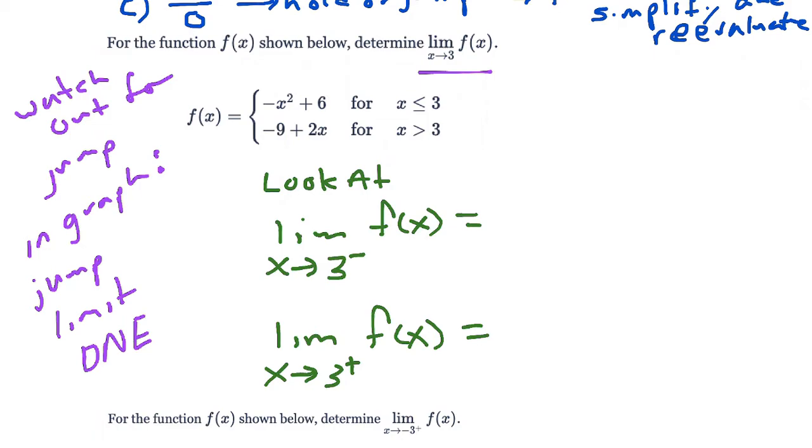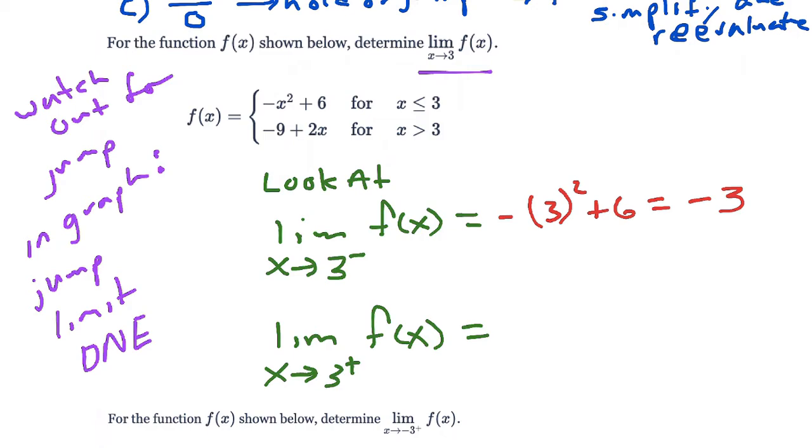And again, we're going to do direct substitution first to see what we get. If we plug in 3 from the left side, we're going to be using numbers that are smaller than 3, which would mean we're going to use the top function of our two functions. So if we do that, we end up with negative 3 squared plus 6, which is negative 9 plus 6, which is negative 3.